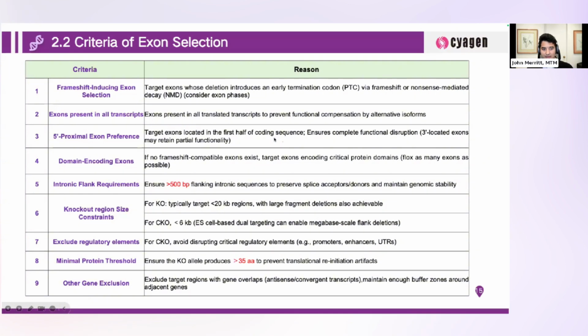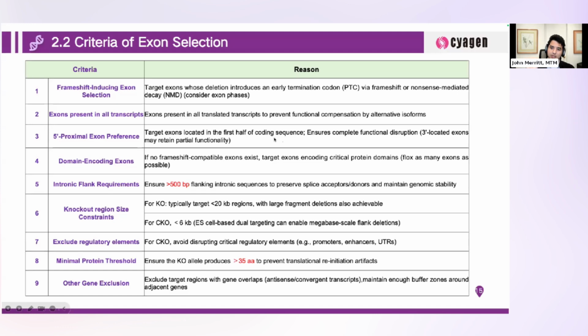And then when we pick an exon, we try to prioritize the beginning, the 5' proximal region, so that we can ensure disruption as early as possible. But we don't try to do it so early that we're targeting the start codon.